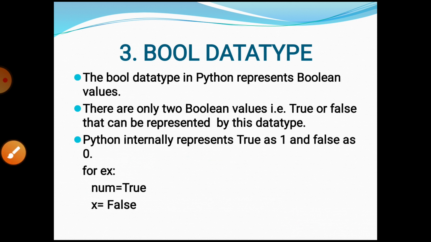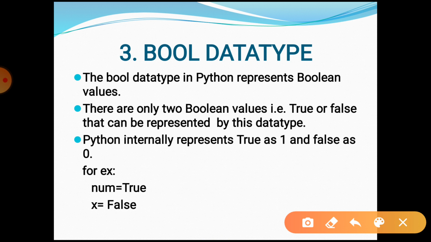The third one is bool data type. The bool data type in Python represents boolean values. There are only two boolean values, true or false, that can be represented by this data type. Python internally supports true as 1 and false as 0.